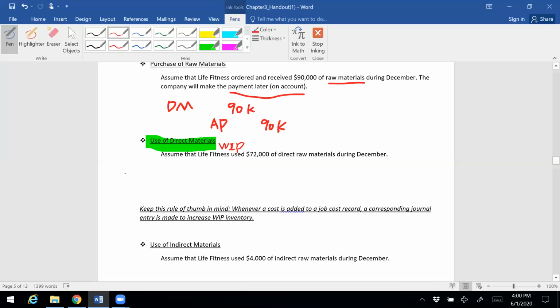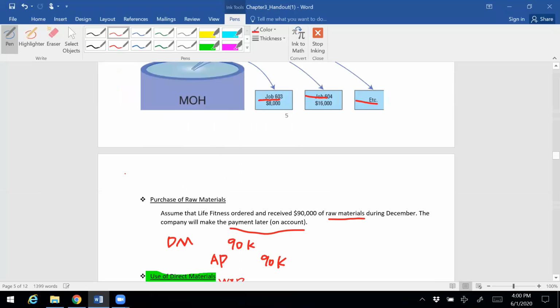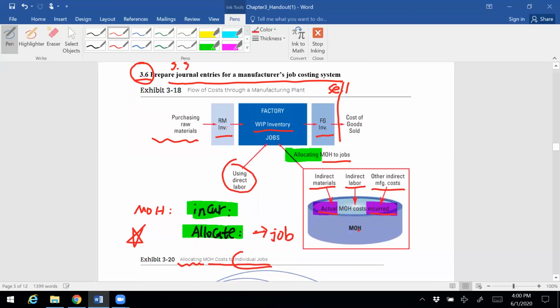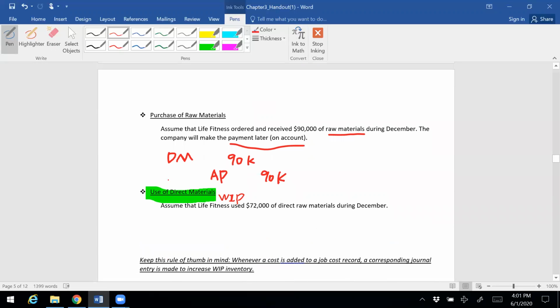So how does the cost flow? It flows from raw material to work in process, okay? We decrease our direct material and increase our work in process. So those 72,000 will not be our material, but become our work in process, 72,000.